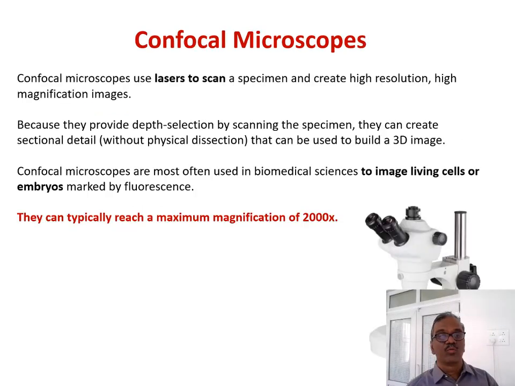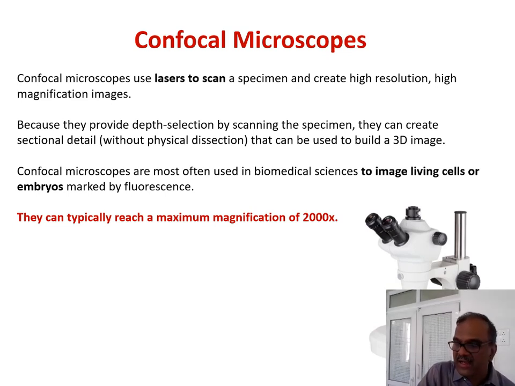Just we will see how. So here the lasers are used to scan the specimen, creating high resolution, high magnification. Both are high. Sometimes the magnification may be high, the resolution may not be high, but in this case both resolution as well as magnification are high. Okay, and so by scanning the specimen and creating sections, you can build the 3D image without any physical destruction.